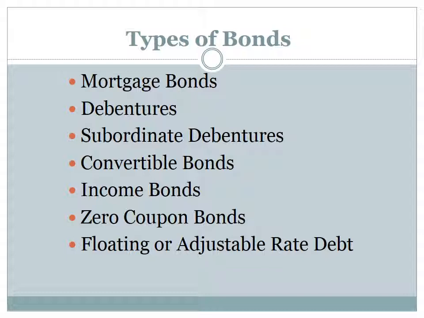So in the U.S., when we set the interest rate on bonds, it is permanently fixed until the bond matures, and so the price of the bond will fluctuate depending on changes in market interest rates. However, in other countries, like I said, South America has several countries that are big on adjustable rate bonds. The bond price will stay constant, but the interest rate on the bond will change. So just kind of an interesting type of bond.